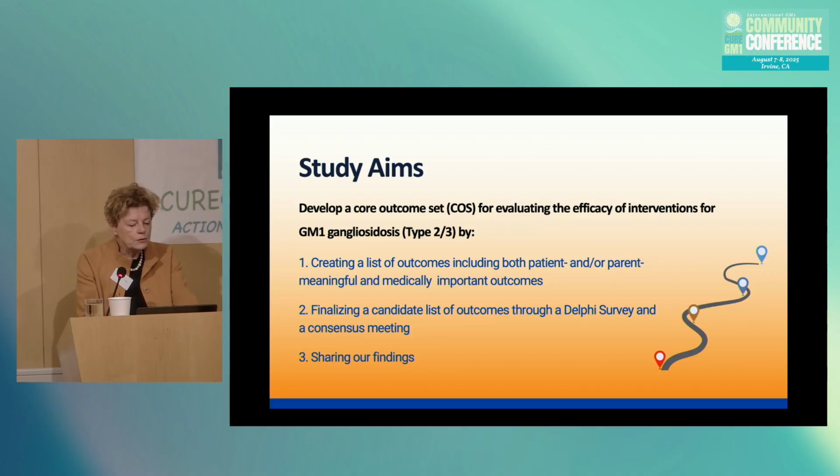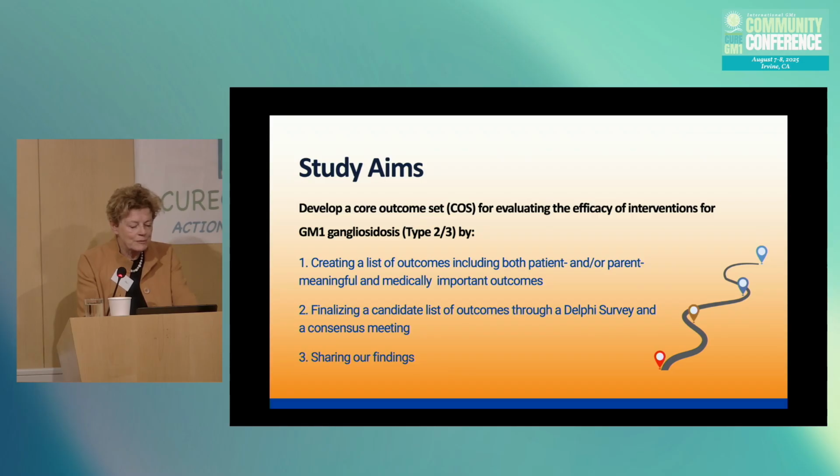What we want to do is to create a list of outcomes that include both patient and parent, caregiver meaningful and medically important outcomes, to finalize a candidate list of these outcomes, and then to do a prioritization of outcomes through consensus methods like Delphi survey and consensus meeting, and then of course to share our findings widely so that people know about it and can include our findings in the design of their trial.